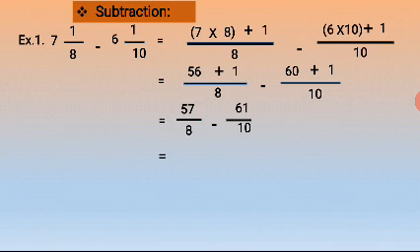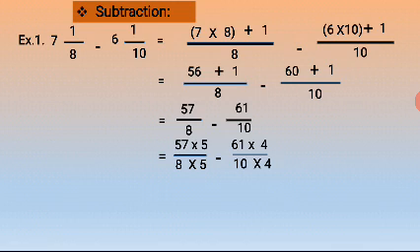So next step, 57 into 5 upon 8 into 5, minus the next fraction 61 upon 10. Also the denominator of that fraction is 10, we convert 10 into 40, so we take 4 for multiplication. So 61 into 4 upon 10 into 4. Now we calculate this multiplication.